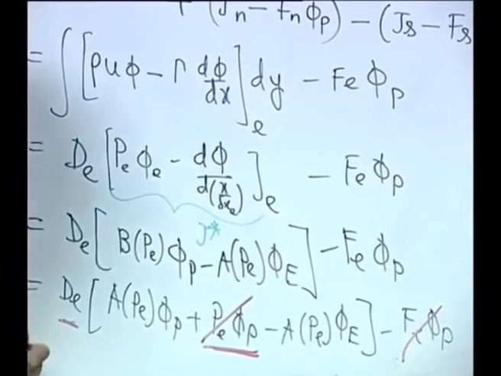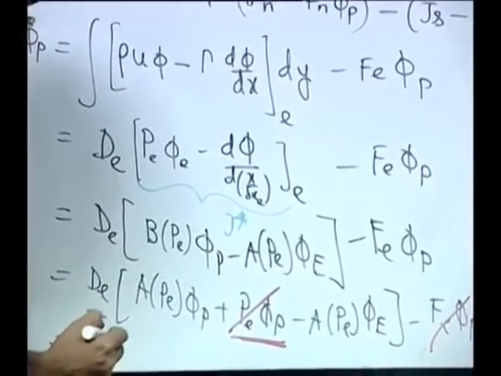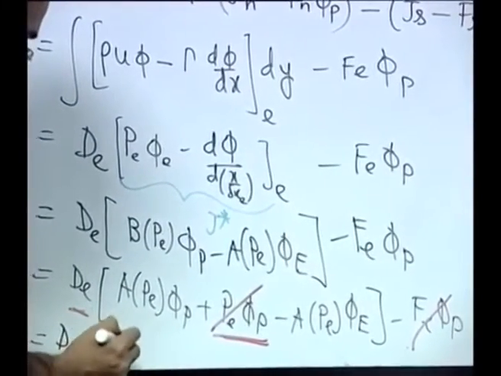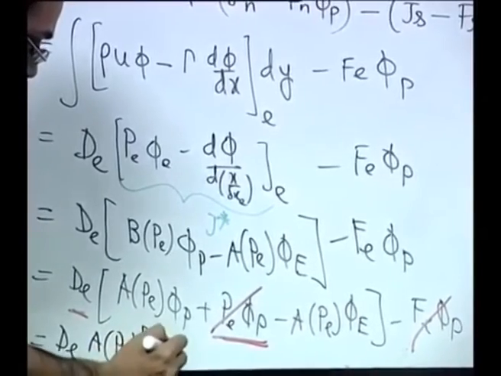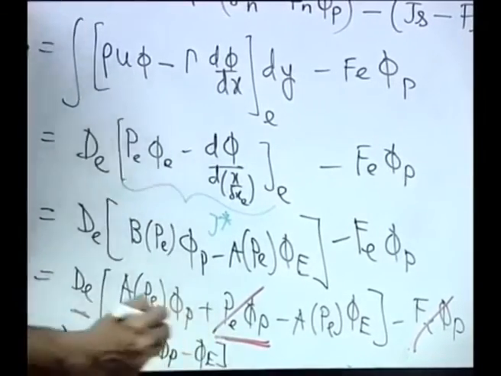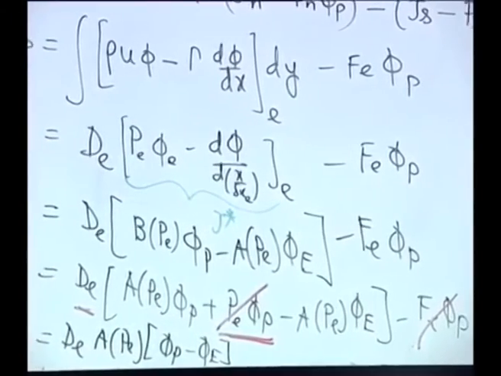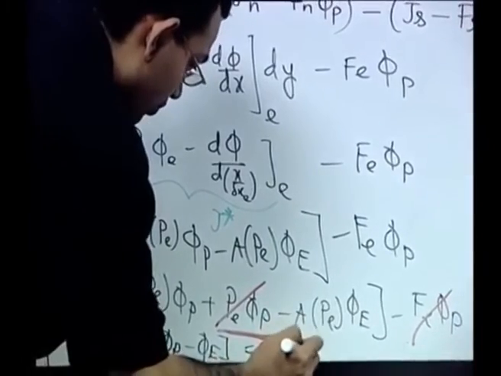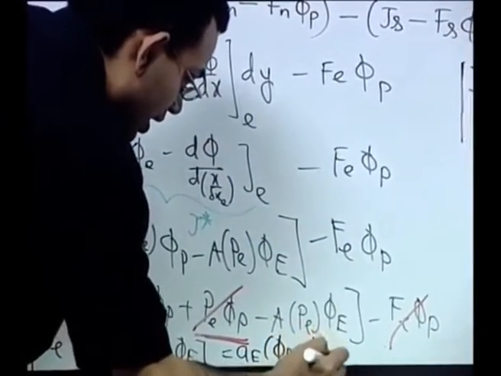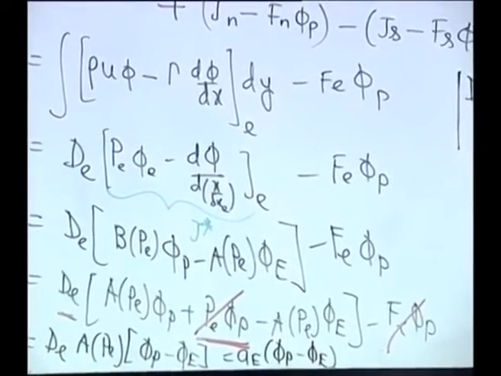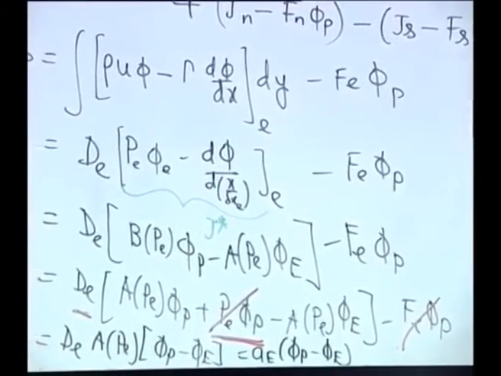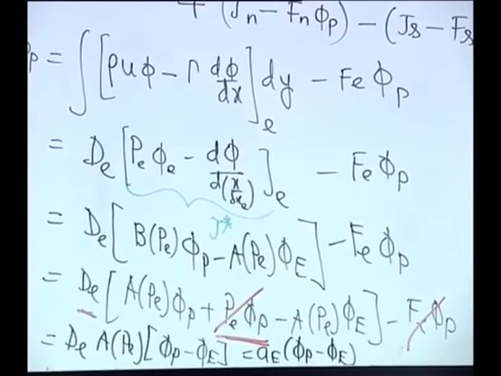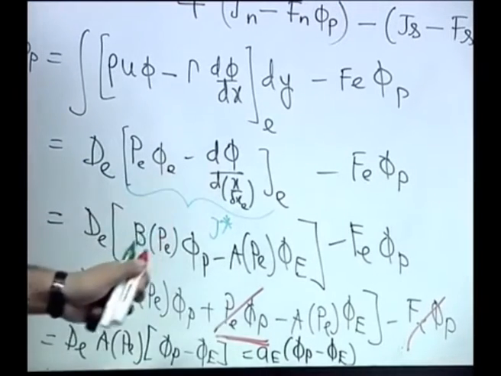So, it becomes dE into A Pe into phi p minus phi e. That is equal to small a e into phi p minus phi e, where small a e is dE into capital A, that is the dimensional coefficient.